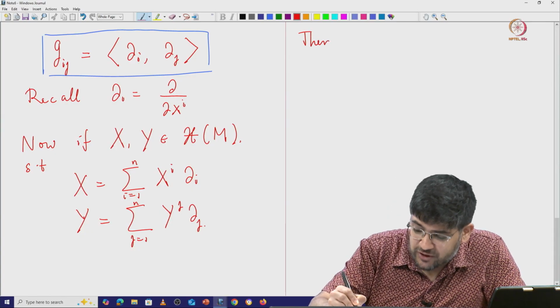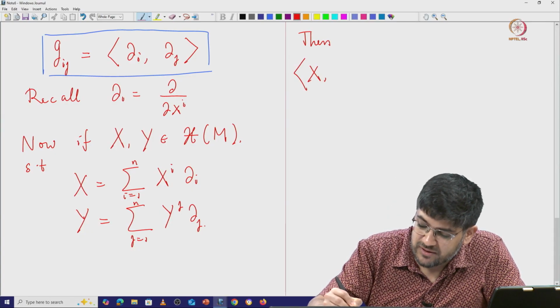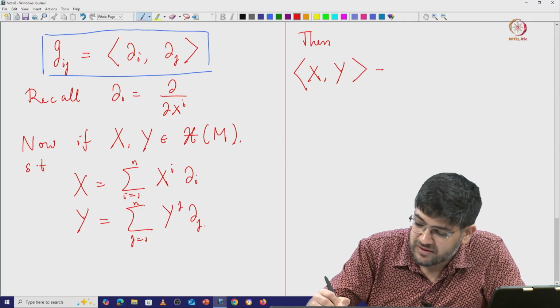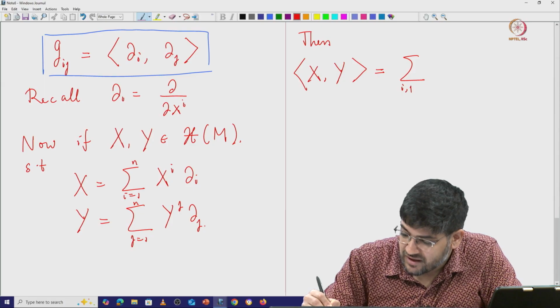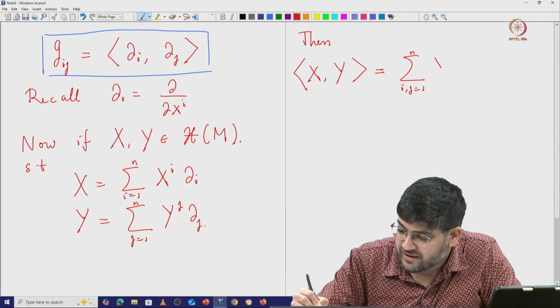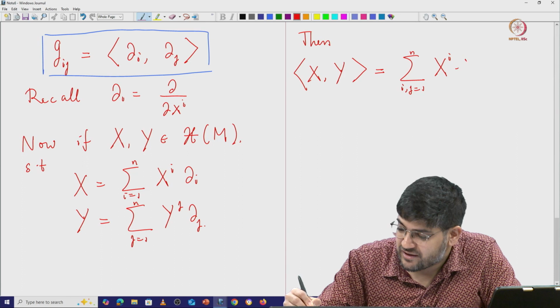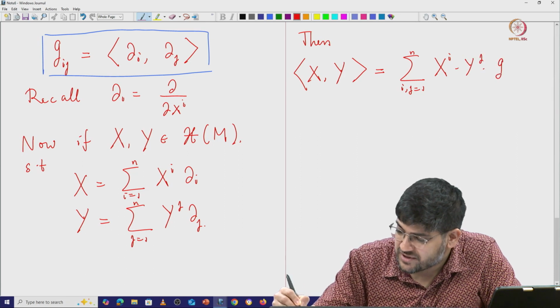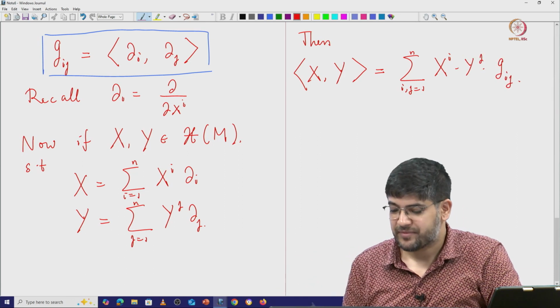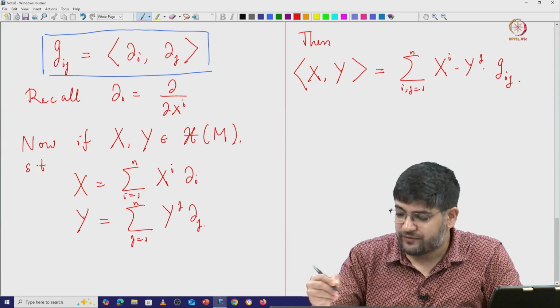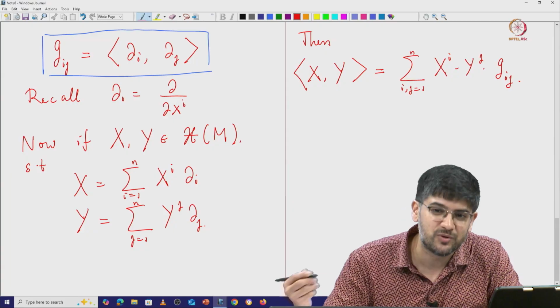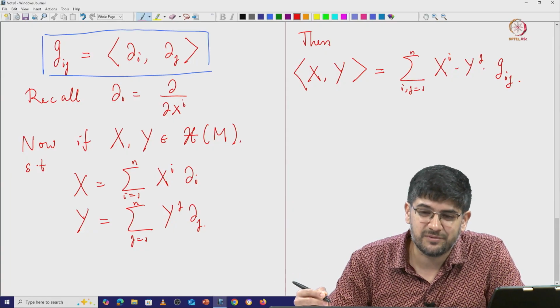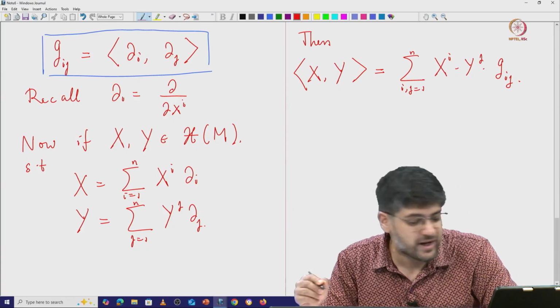Then the inner product of these two is simply given by the summation ij going from 1 to n of x^i y^j times g_ij. Okay, so given two vector fields, this formula basically computes the inner product g applied to X comma Y.